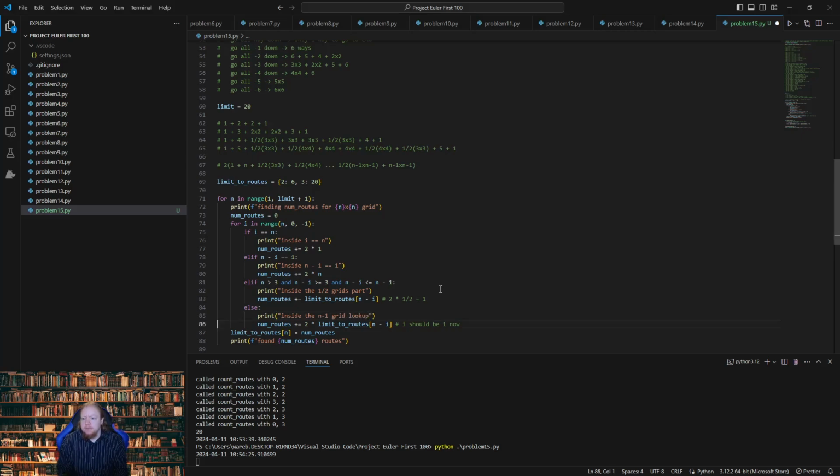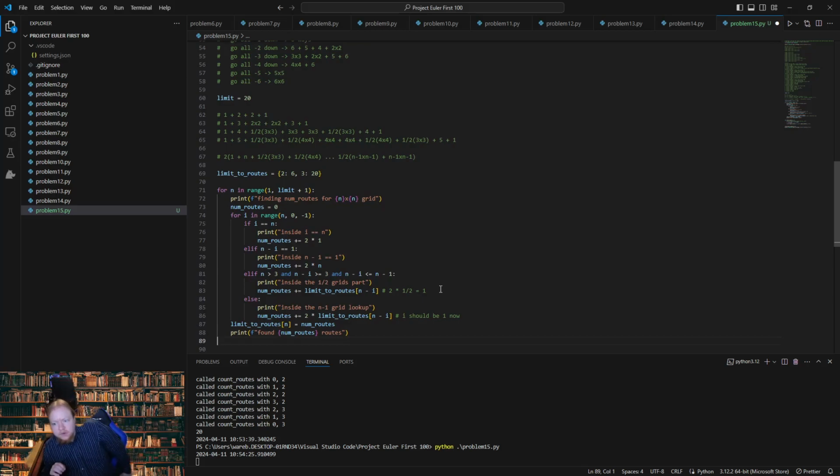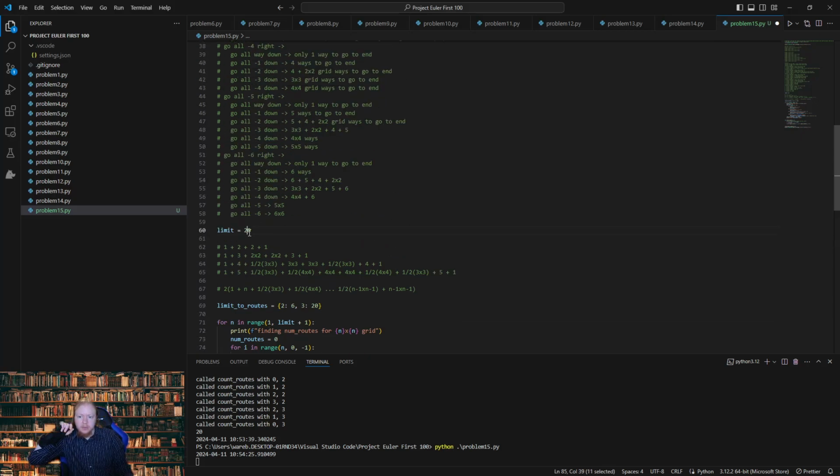Okay, so the first time that we should get here is for n equal to 3. I'm going to go ahead and put this limit down to 5.